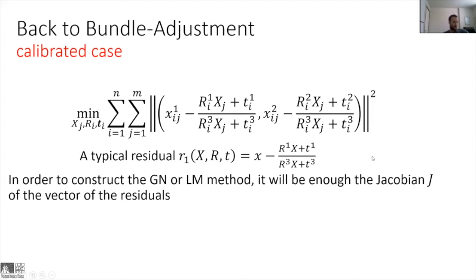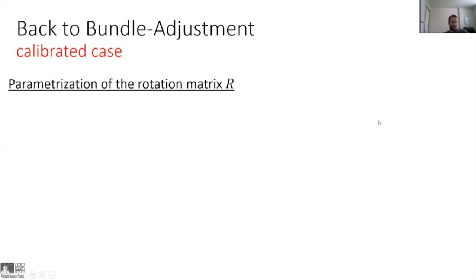In order to construct the Gauss-Newton or Levenberg-Marquardt methods, it will be enough to compute the Jacobian of the residual vectors. One problem that we need to solve before taking the derivatives is how to parameterize a rotation matrix.